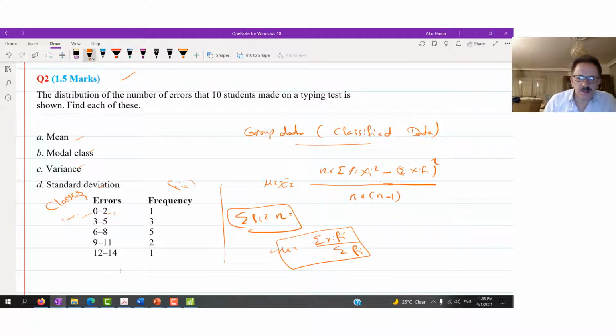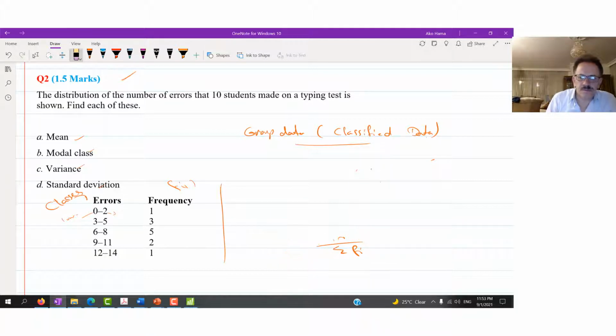So here's the mean, and here's the variance. Sorry, this is the variance, and we have to take this one together squared. So the variance is equal to again the mean for the group data.